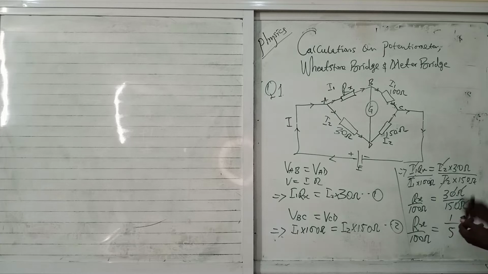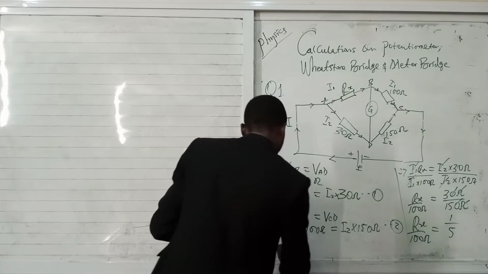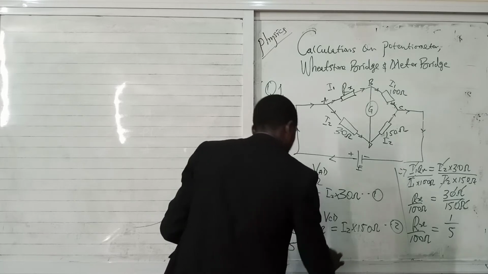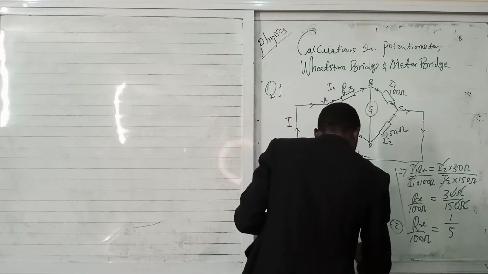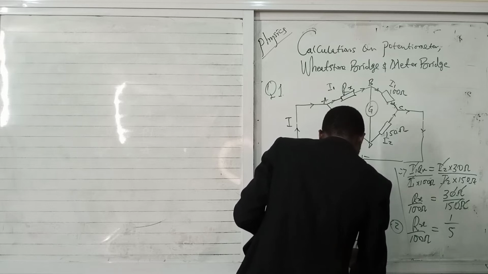So you cross multiply, what do you have? You have 5 Rx is equal to 100 ohm. So you divide both sides by 5.